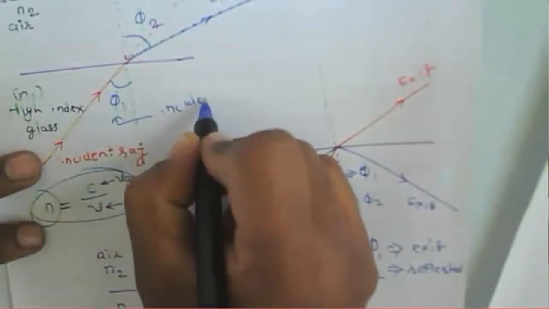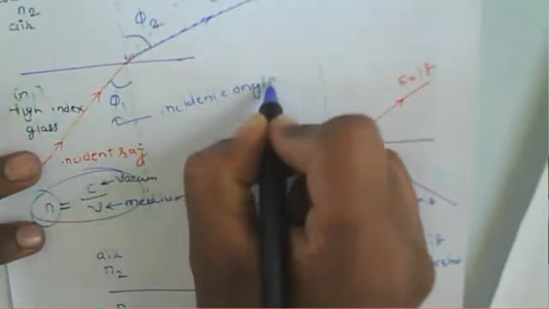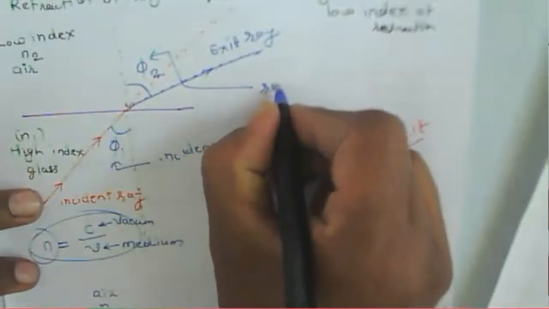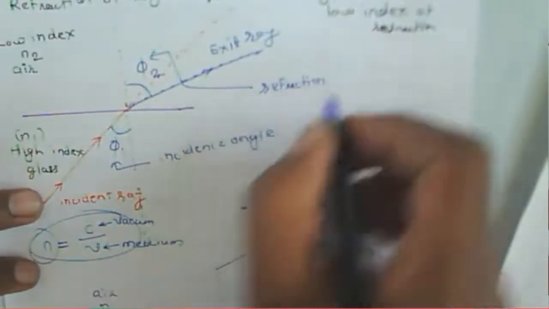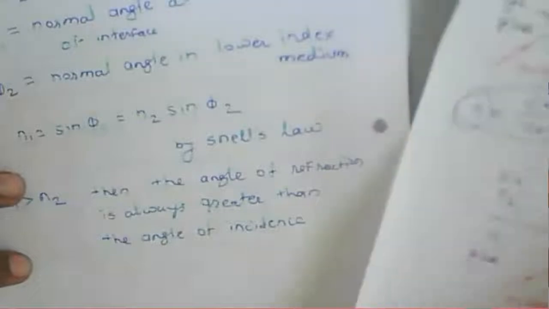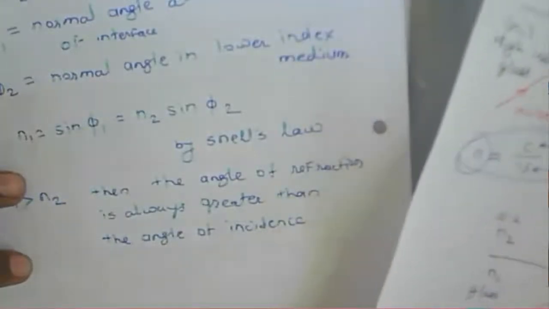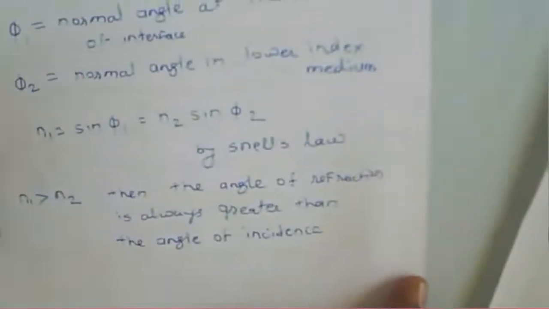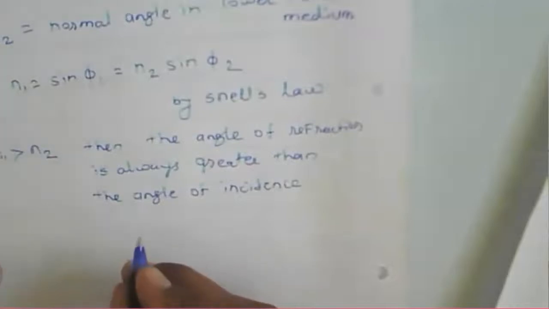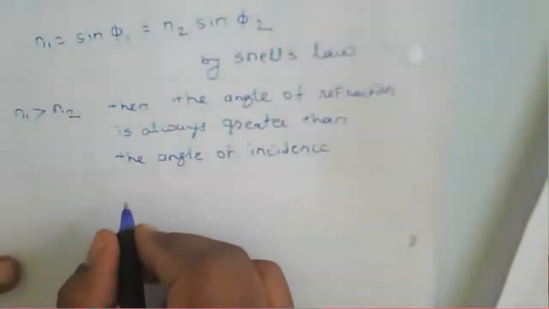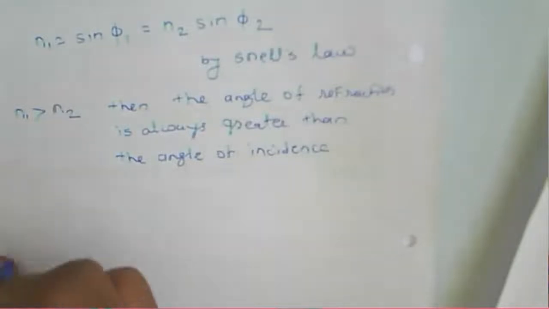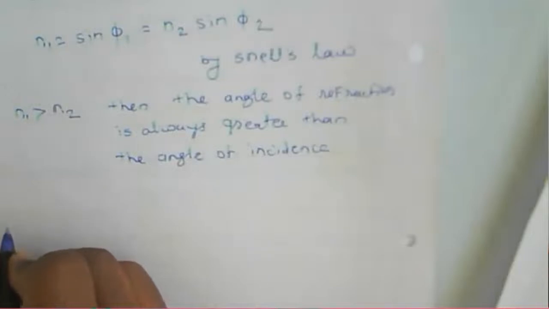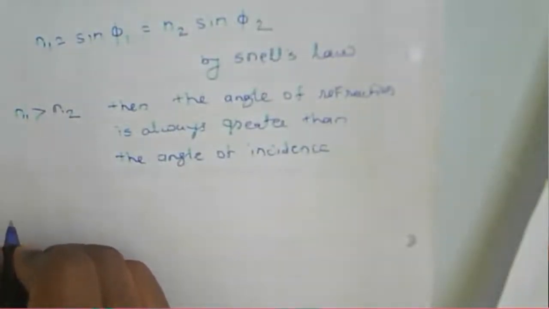This is called the incidence angle, and this is called the refraction angle. So we say that the angle of refraction is always greater than the angle of incidence.